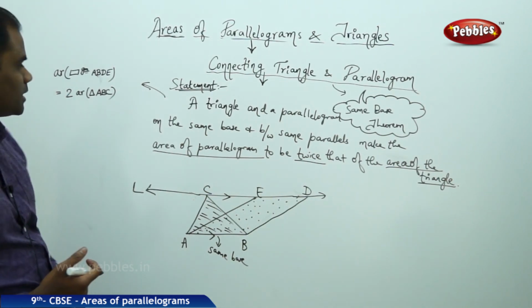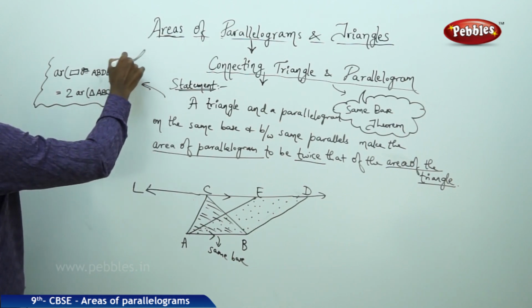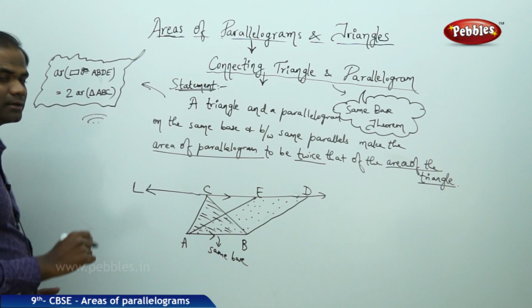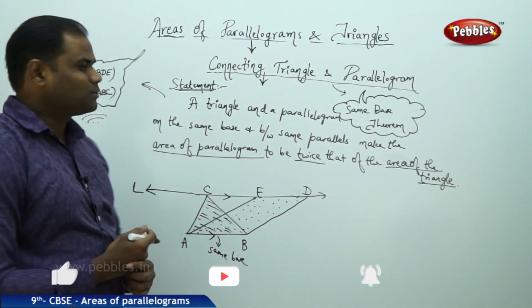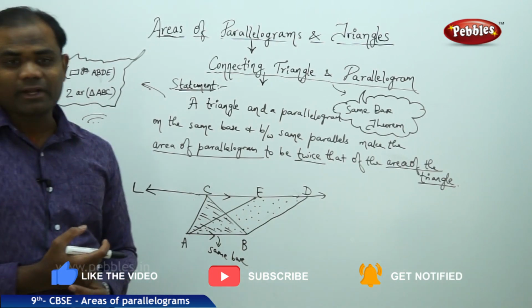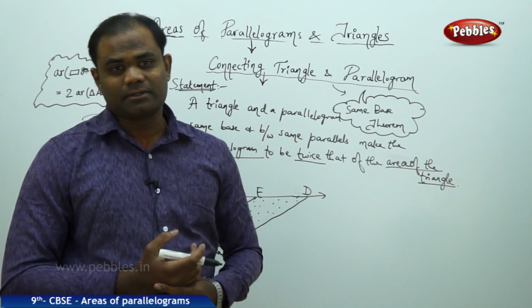That's how we understand the property of area of triangle and parallelogram. Why do you think the area of parallelogram is twice the area of triangle? How is the twice of the triangle connected?